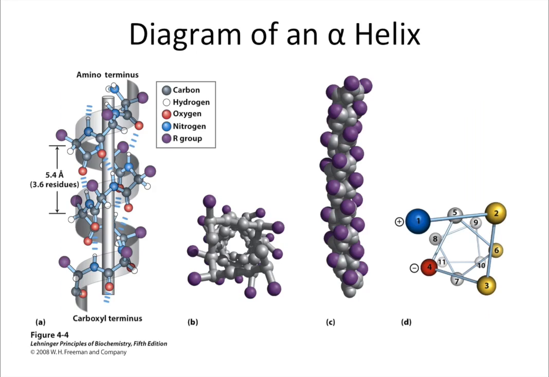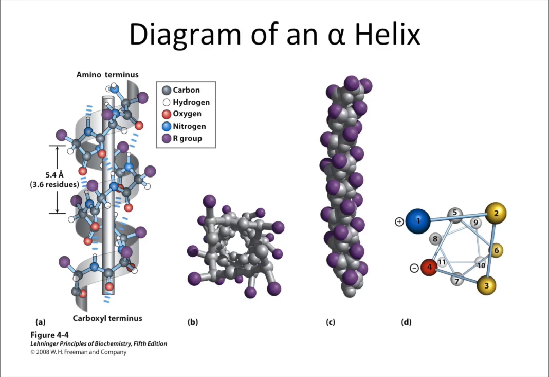Okay, so that brings us to the section on three-dimensional structure of proteins. Just in general, the amino acid sequence of a polypeptide determines its three-dimensional structure. Then in turn, a protein's function will be determined by its three-dimensional structure.